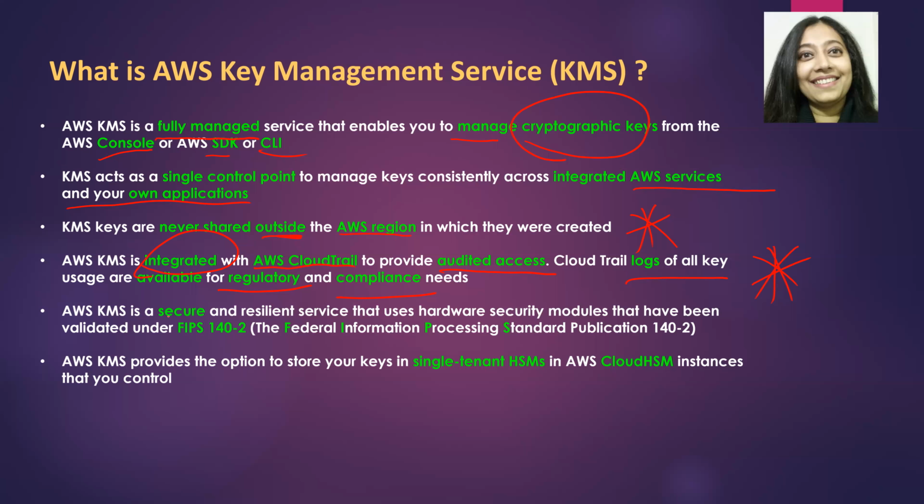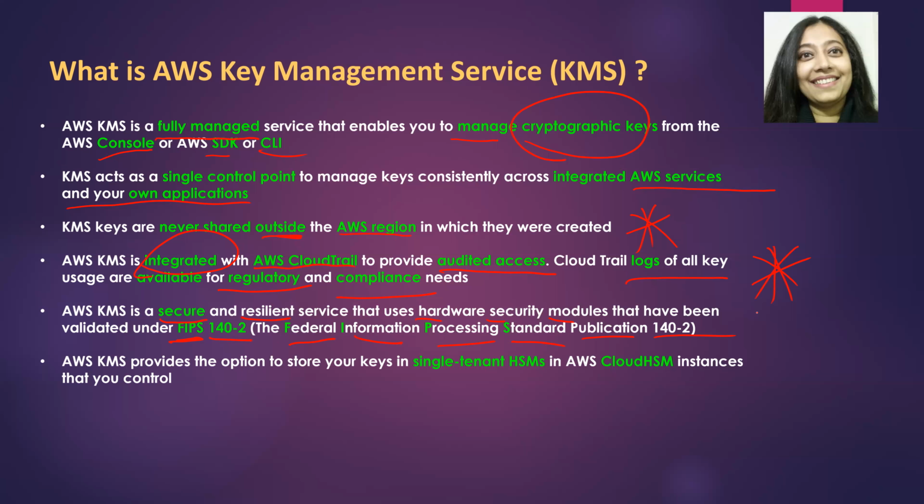AWS KMS is a secure and resilient service that uses hardware security modules that have been validated under FIPS 142. Now, what is this FIPS? FIPS is nothing else but the Federal Information Processing Standard Publication 142.